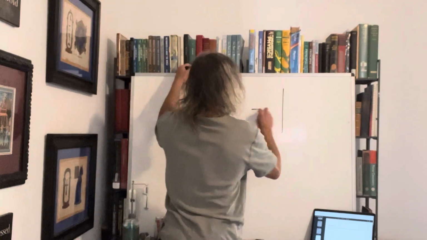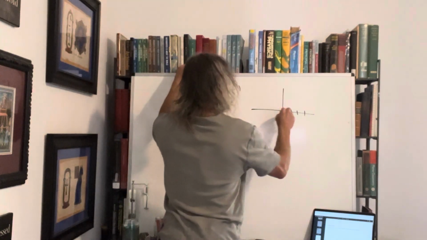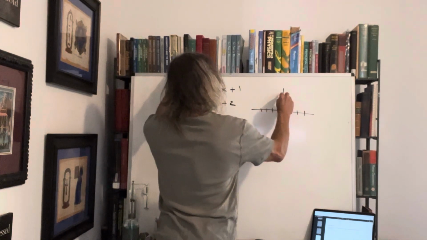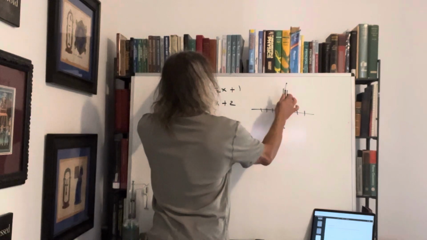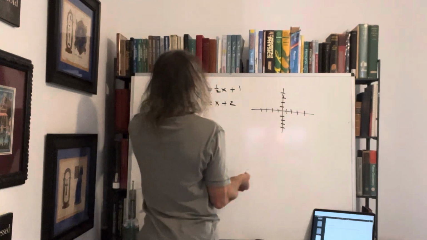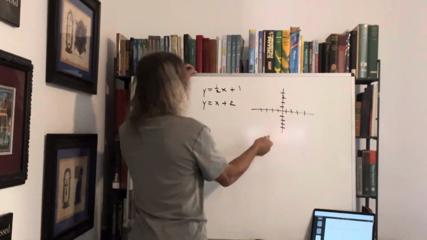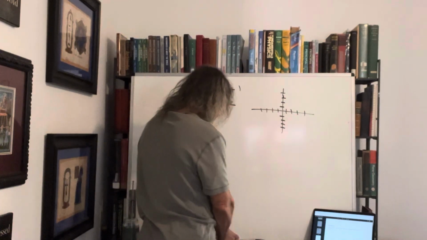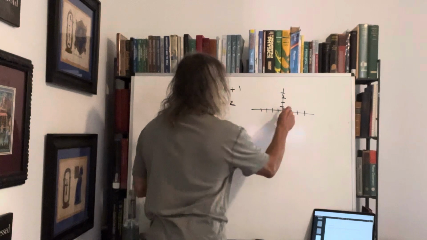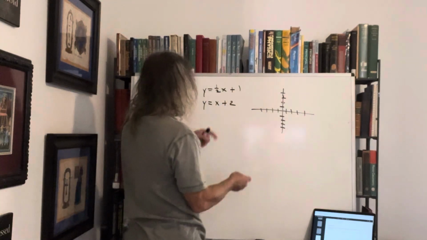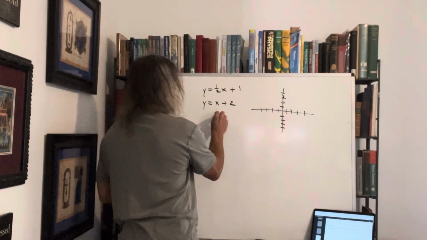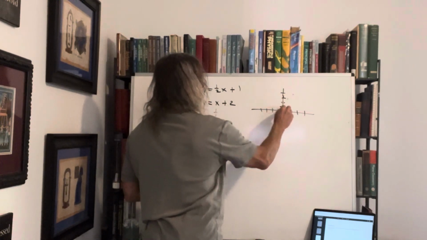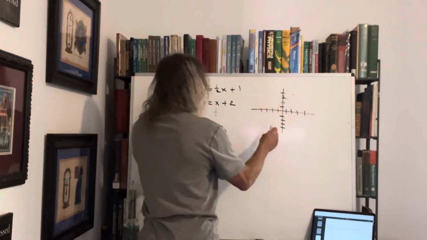So 1, 2, 3, 4 on each axis. And so this one, x plus 2, y-intercept is 2. I use a different color. Slope is 1, 1 over 1. So up 1 over 1, up 1 over 1, down 1 over 1.